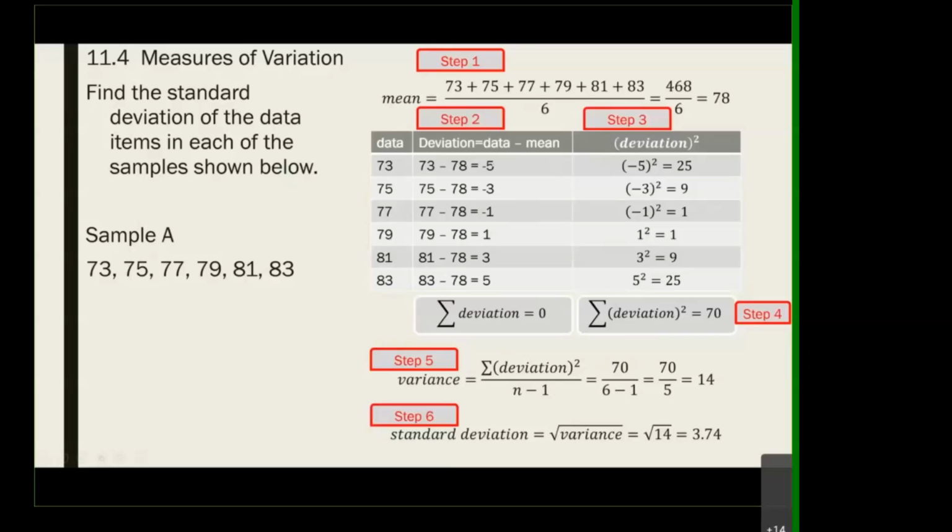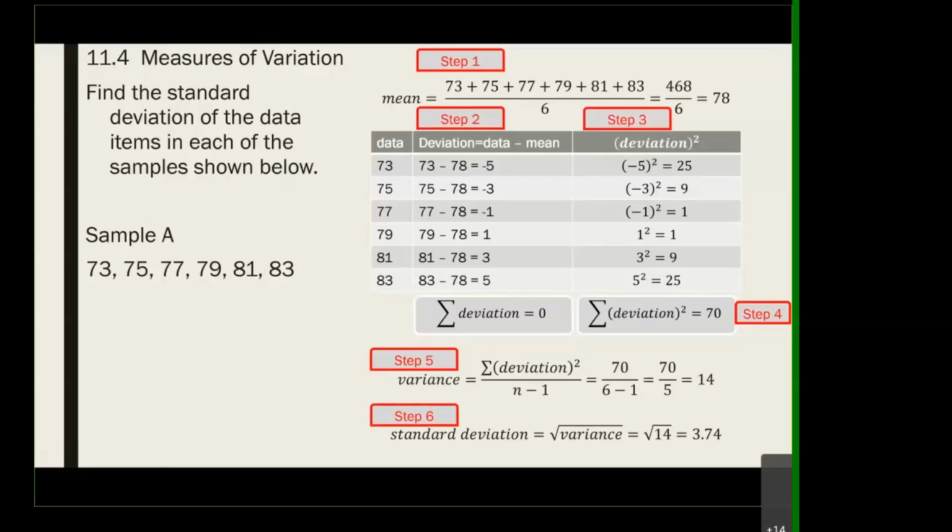As you can see, some data are 5 units below, some are 5 units above, some are 3 above, 1 below, and 1 above. Meaning there are different layers, but the average difference among all of them is 3.74. That's what the standard deviation is, the average difference.